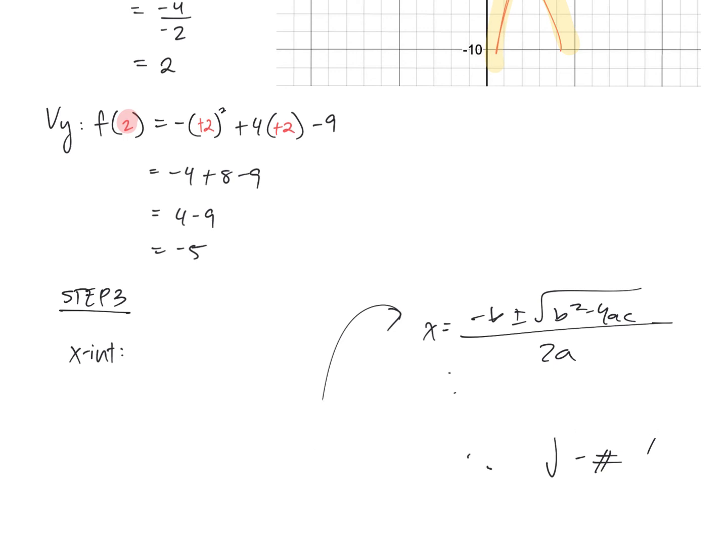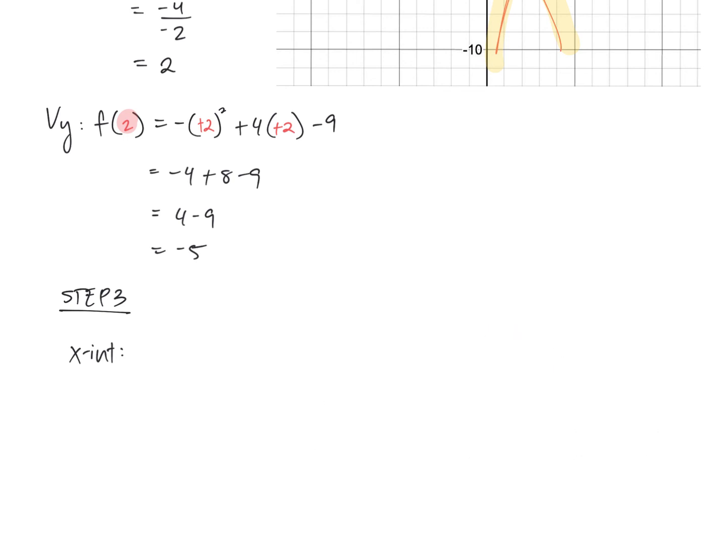So what would you do? Well, we already know there's going to be no x-intercepts. So you're going to just write x-intercepts, none. And your reason is going to be: parabola has vertex below x-axis and opens down.